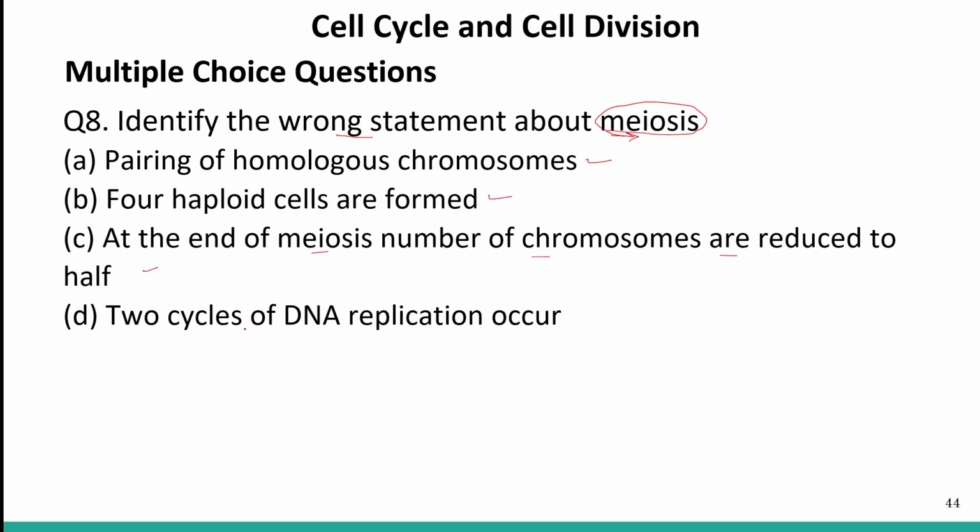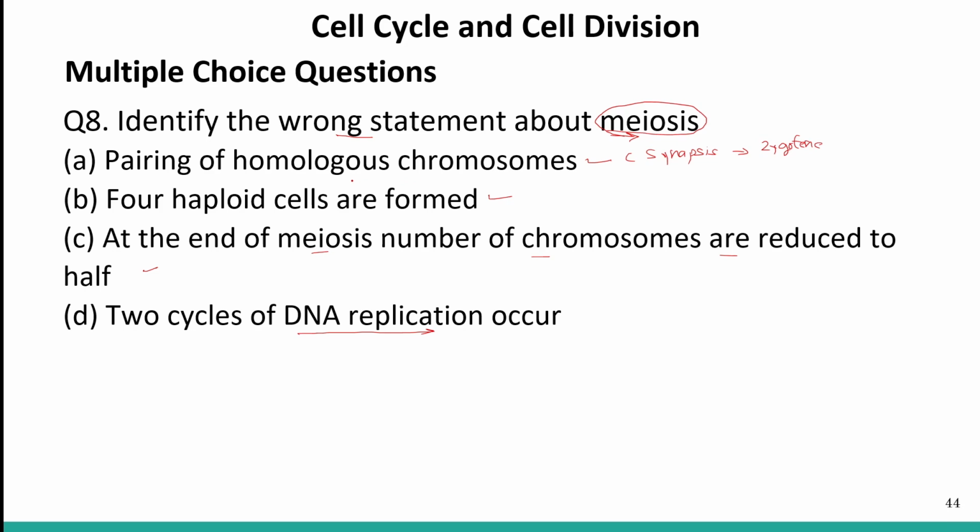And the fourth option is 2 cycles of DNA replication occur. Okay, now we know pairing of chromosome is known as synapsis. It takes place during the zygotene stage of the prophase.